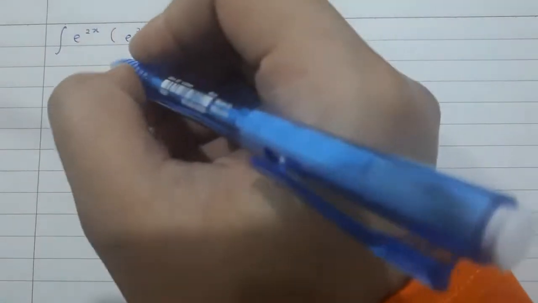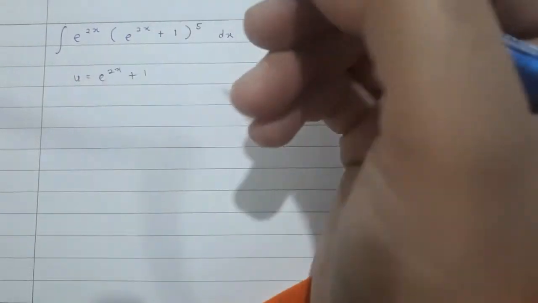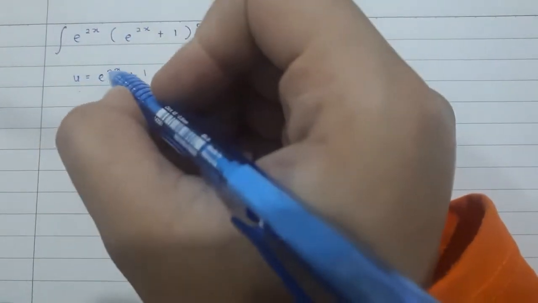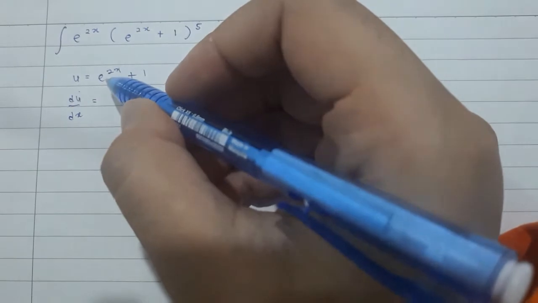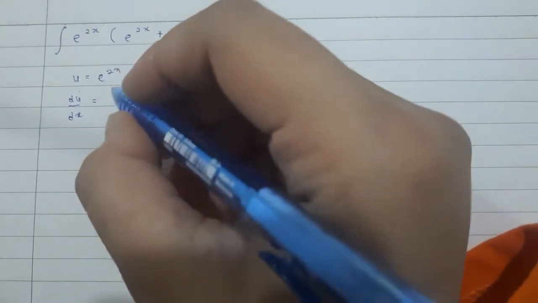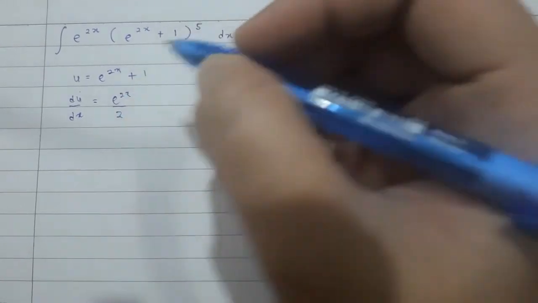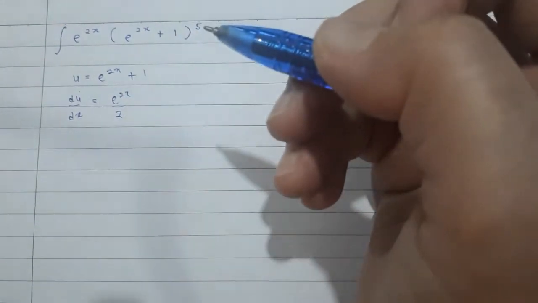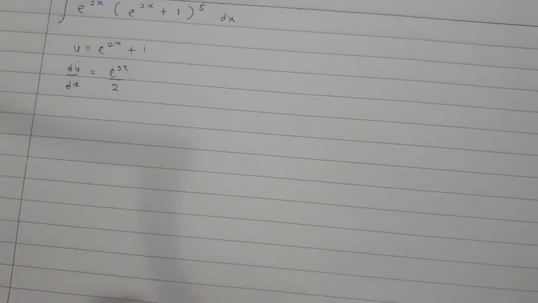For the substitution method, we choose u equals e to the x plus 1. Differentiate u in terms of x, we get du over dx. Differentiate e to the x, we get e to the x over 2. Differentiate 1, 0. So now let's do the substitution.